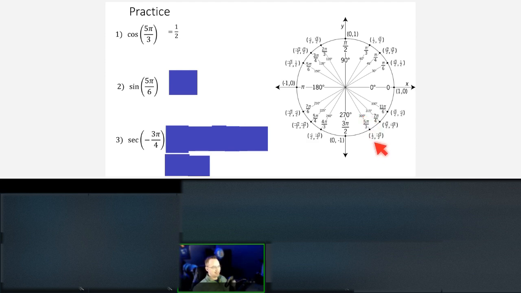So we just look at the x coordinate, which is 1/2. You can also type in cosine of 5 pi over 3. As long as you're in radian mode, hit enter, you will get 1/2. So it's a way to check, but it's very important that you are able to use this unit circle to determine that value.